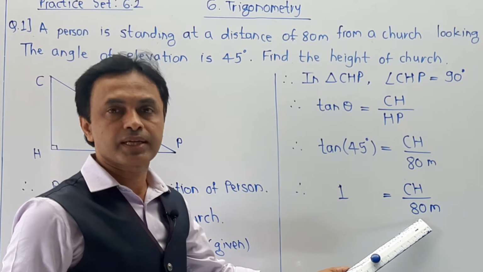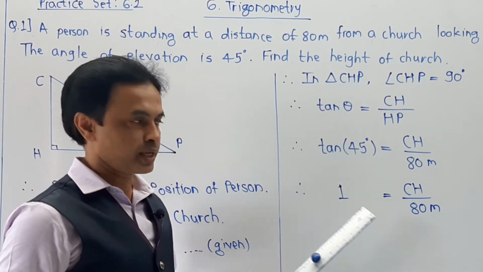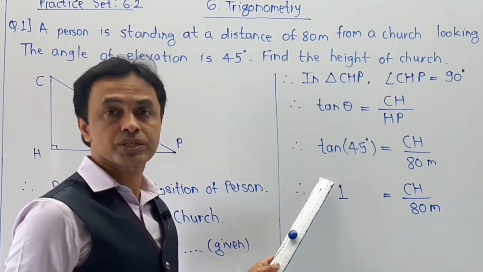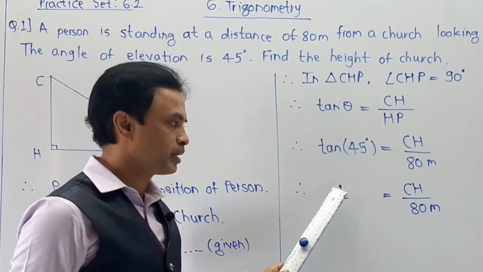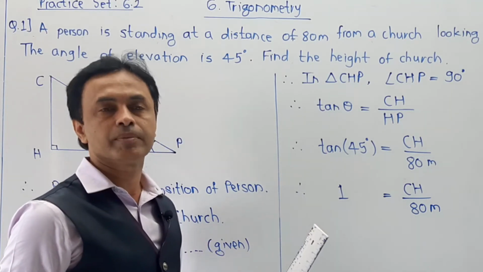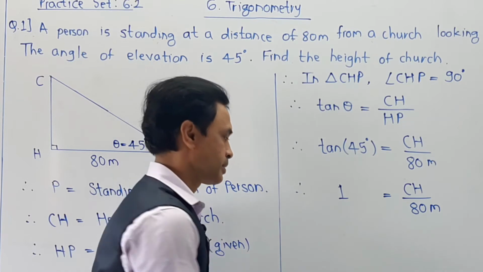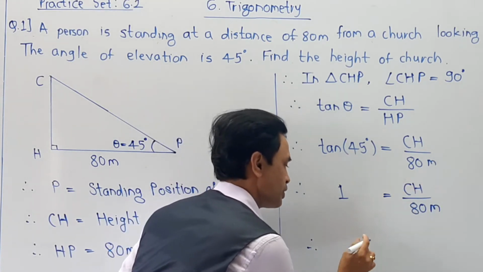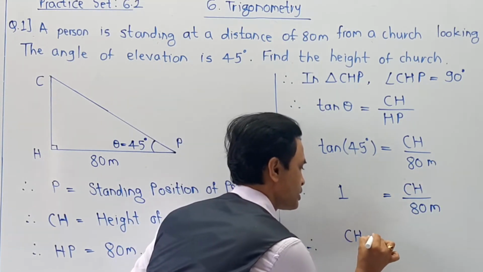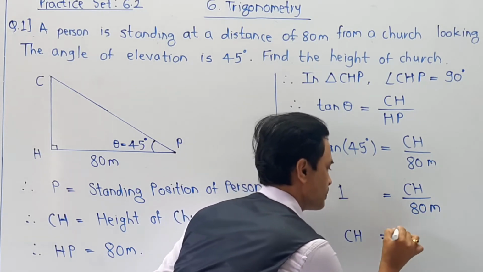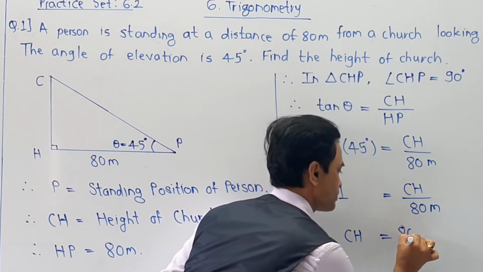Now this 80 meter moves from the right-hand side to the left-hand side. So 80 meter into 1 becomes 80 meter. Therefore CH is equal to 80 into 1, that is 80 meter.